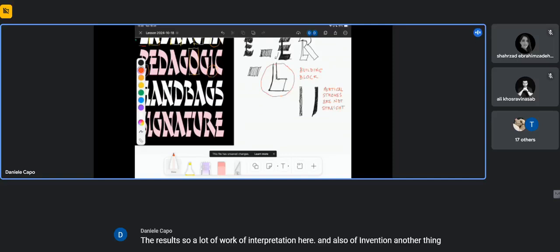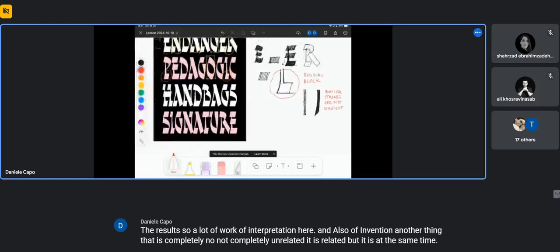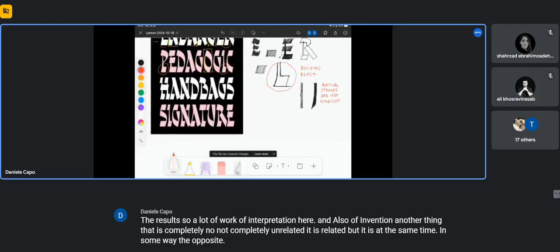Another thing that is related, but at the same time, in some way, the opposite side of the coin in regard to the strokes, are the counters.